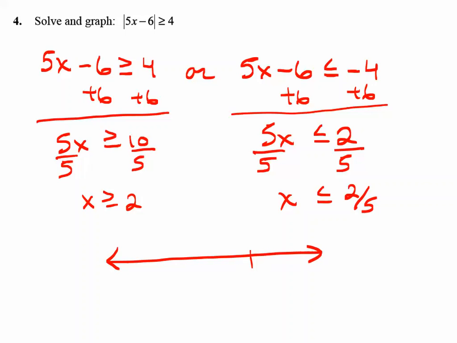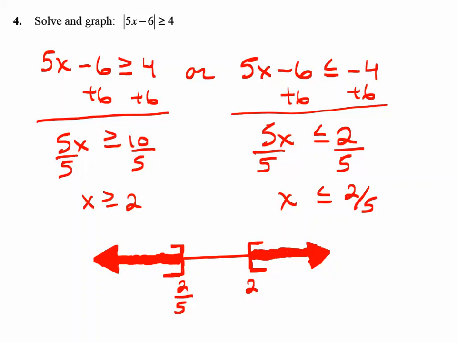And again, making the graph here. 2 is over here, 2/5 would be less than that. And then going with a bracket right off to the right, making the arrow bigger. Bracket off to the left, making the arrow bigger as well. Okay, now can you answer it in interval notation?